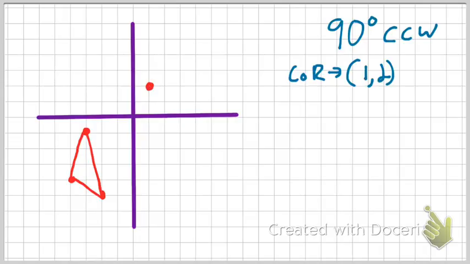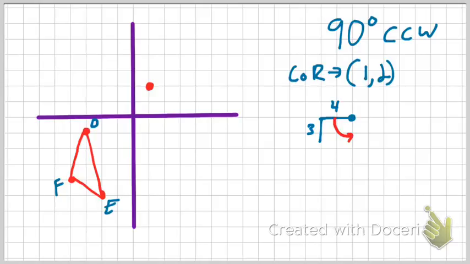Does everybody see that? We're going to do the same thing. We're still going to draw the path, but instead of drawing it from the origin, we're going to draw it from this new center of rotation. Let's say this is D, E, F. For point D, I went left 4 and down 3. We rotate that 90 degrees counterclockwise, opposite of a clock.